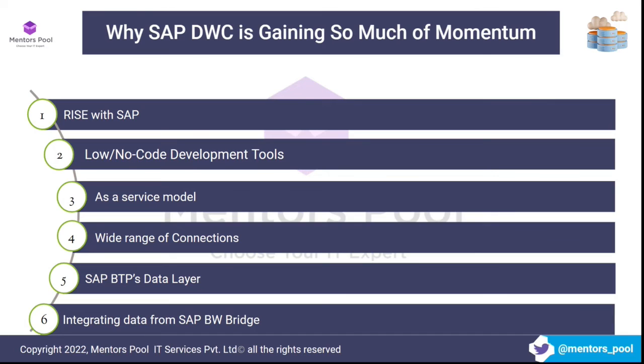No, because SAP has come up with a solution called SAP BW bridge. This bridge is going to make sure that existing investments in SAP BW, the cubes that are built, the queries that are built, all of that becomes reusable, and there shouldn't be any redundant effort in Data Warehouse Cloud itself.